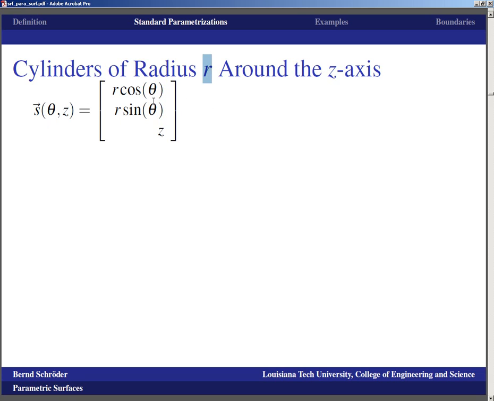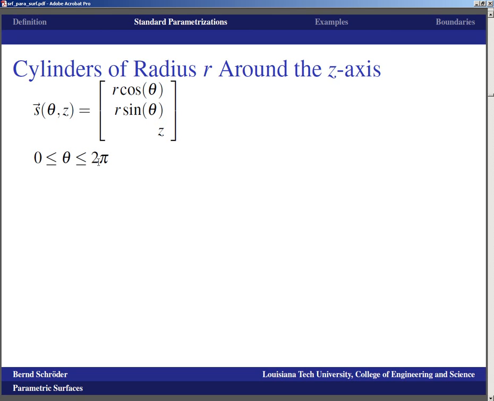So r is a constant, and that is the radius here, and we can already, with what we know from vector-valued functions, realize that that does make sense, because when r is a constant, then r cosine theta and r sine theta describes a circle of radius r, and that circle of radius r then by this third coordinate z is put to various heights z, and if you've got a circle of radius r that moves up and down the z-axis, well, that traces a cylinder.